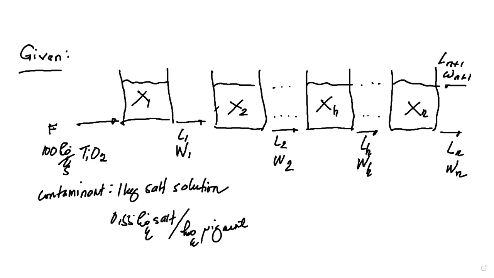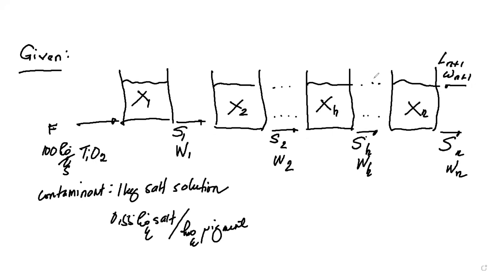By the way, class, this is not S because the solute in the underflow is to be presented by S, not L. So we'll change the L's here. The L is for the overflow. So this is S1. This is S sub 2. This is S sub H. And this is S sub N.